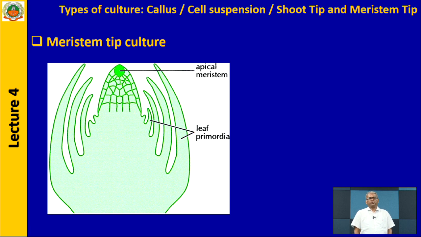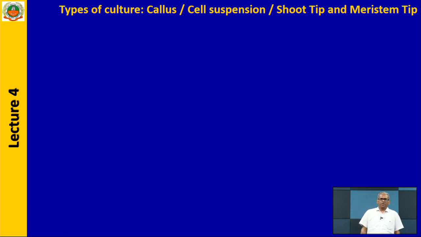I will tell you the characters of a meristem tip and then we will see the uses of meristem tip culture. A meristem is an area in a plant tissue where the cells are rapidly dividing.